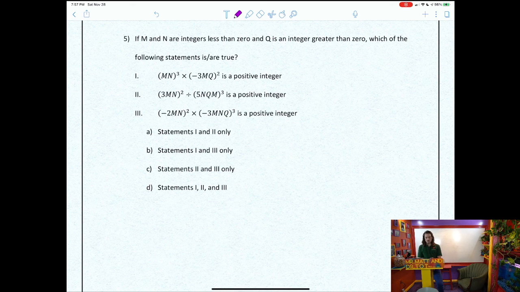Statement 2 says the quantity 3 times m times n, quantity squared, divided by the quantity 5 times n times q times m, quantity cubed, is a positive integer. And statement 3 says the quantity negative 2 times m times n, quantity squared, times the quantity negative 3 times m times n times q, quantity cubed, is a positive integer. So please take a few moments and solve that problem.